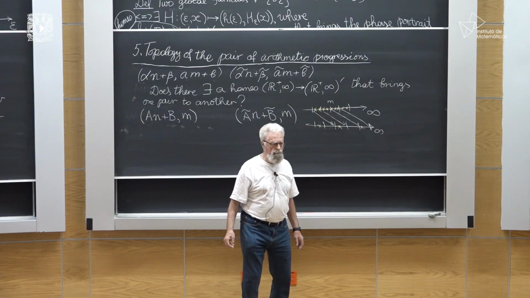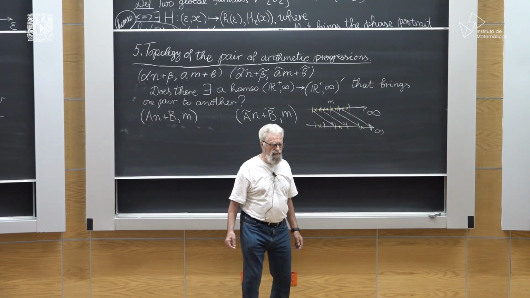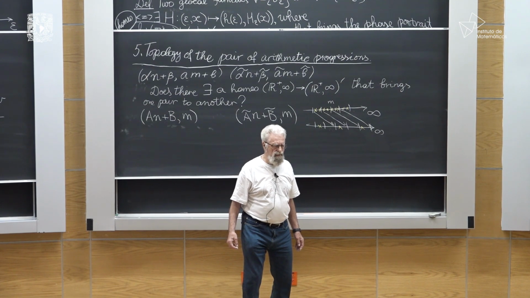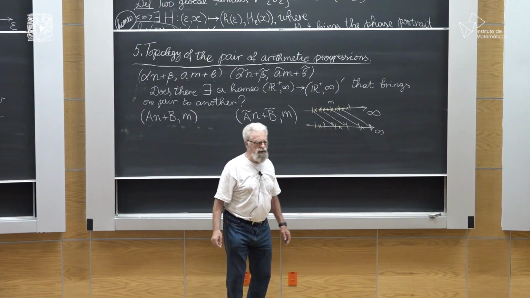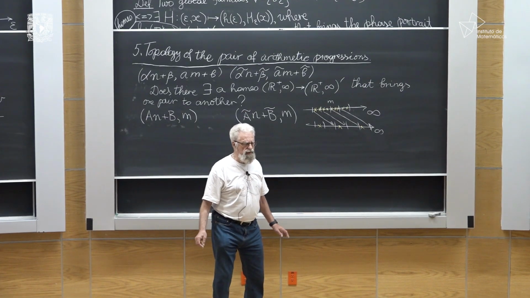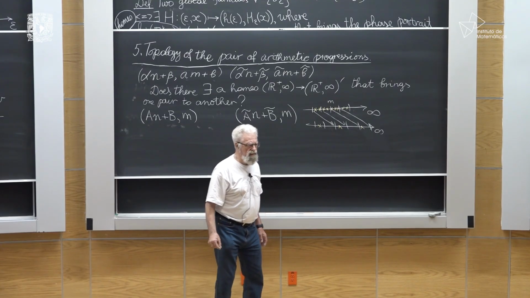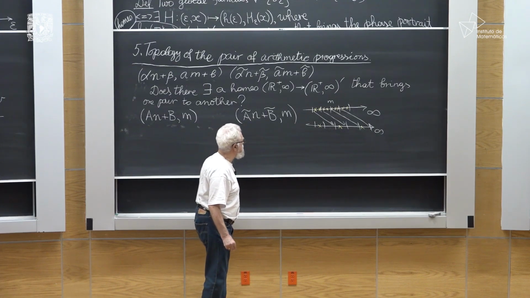That there are the same amount of yellow points between the sequence. If you take the intervals and the number of yellow points here, that must be the same as in the other progression. So for what relation between A and A tilde will this be definitely violated? If the A's are different?